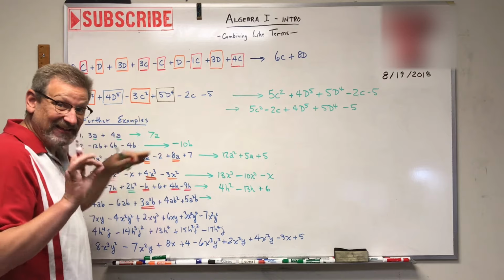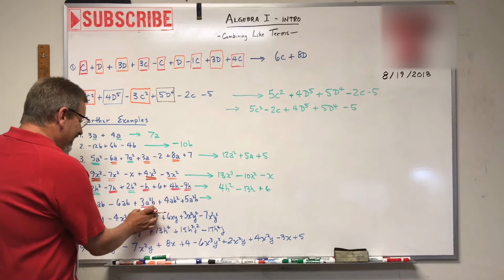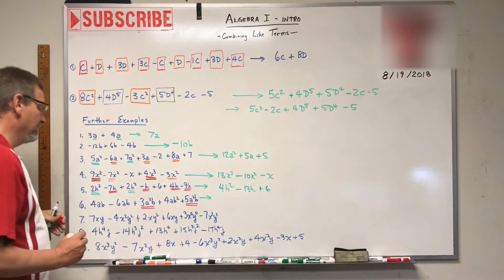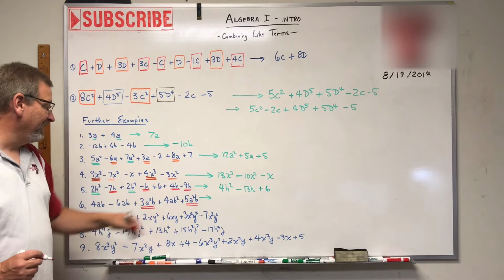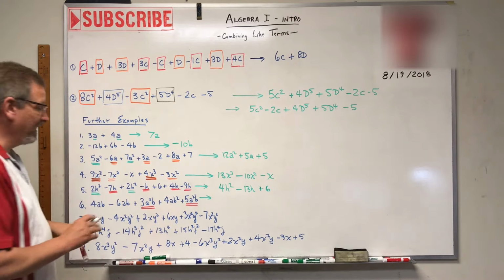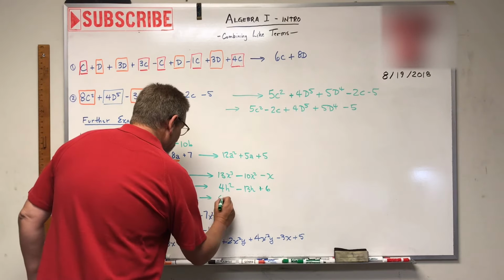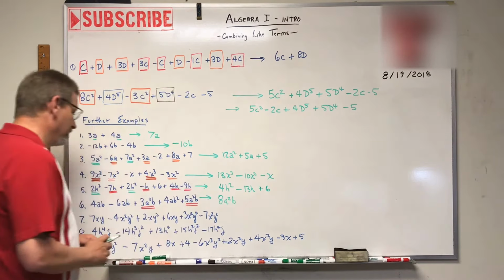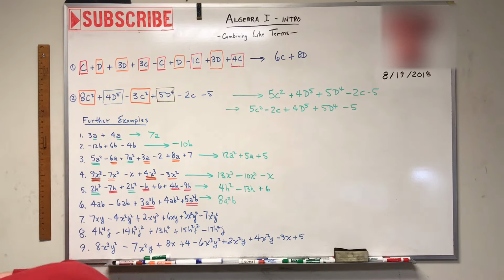They have to be exactly alike, okay? So that's an a squared b, but here's another a squared b over there, okay? So 3 plus 5, that's 8. 8a squared b.